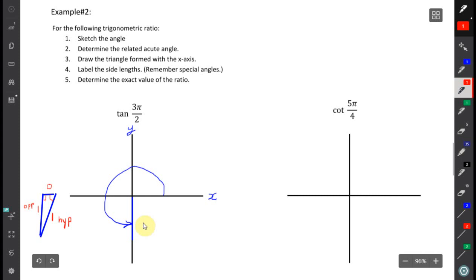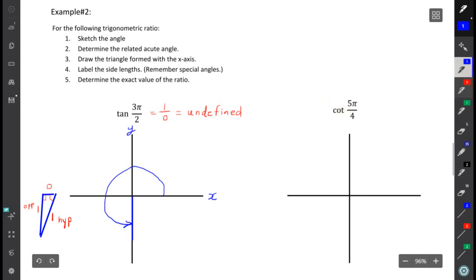And so what we have here is the opposite, which is 1, over the adjacent, which is 0. And so this is undefined because we get division by 0. So what I'm doing here is covering a couple of special cases that we want to be aware of.